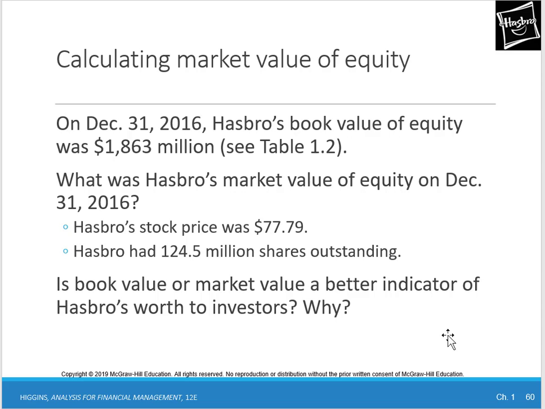So how do you find the market value of equity? Well, if we look at Hasbro, right, the book value of their equity is $1,863 million. How do we find that? You take assets minus liabilities. That gives you the book value of equity. So what's the market value? The price was $77.79.